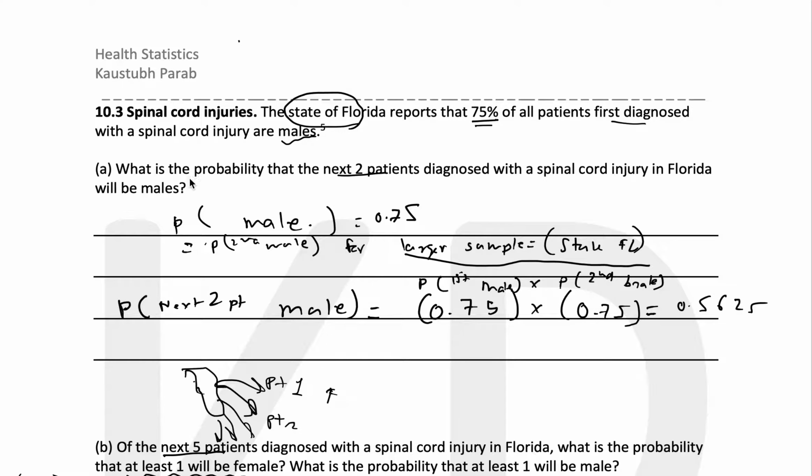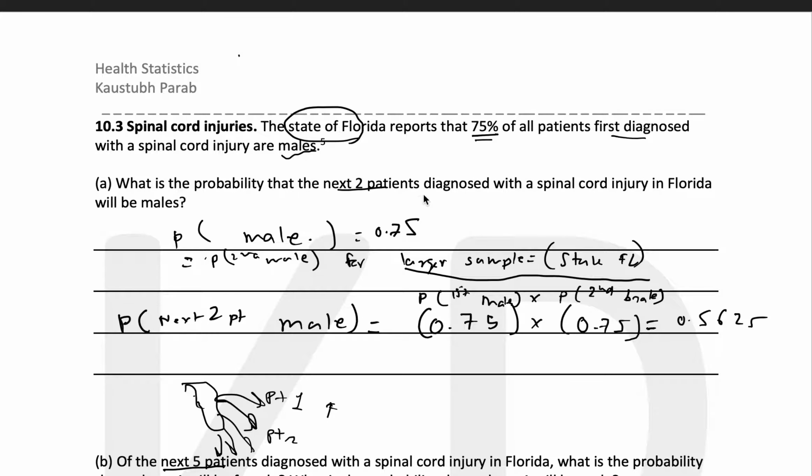Subtype A says, what is the probability that the next two patients diagnosed with spinal cord injury in Florida will be male. In that case we have to think about the probability of subsequent events. There are several examples of picking frogs from a pond in the textbook for subsequent events. So let's look at that.